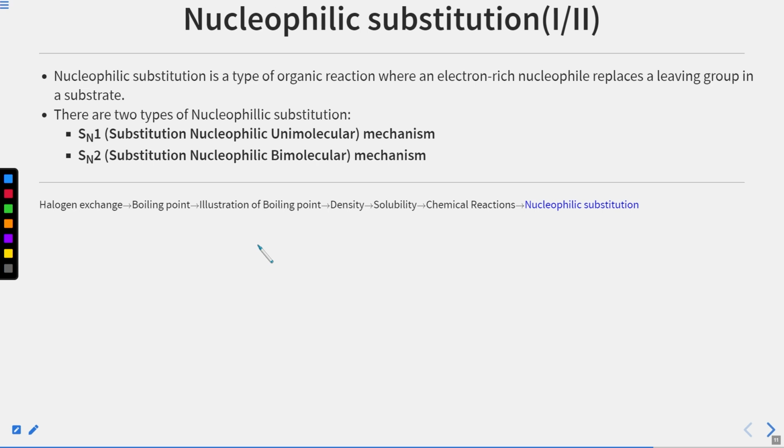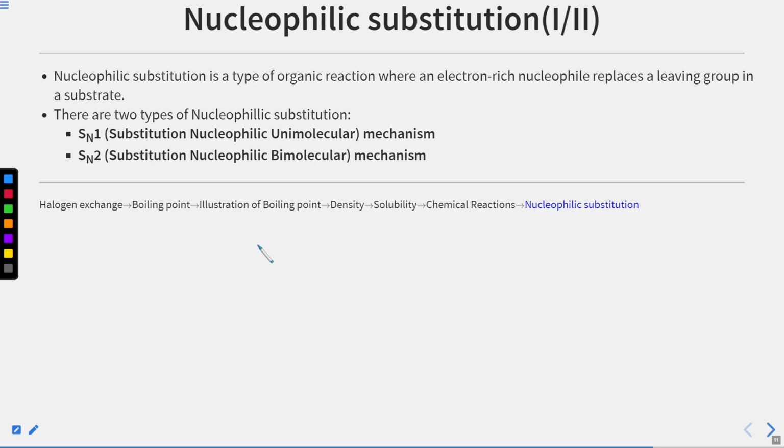Now I want to make a point here that you must be aware of rate law. What is rate law? What is first order of reaction? What is second order of reaction? SN1 is basically a first order reaction and SN2 is a second order reaction. This is clear?